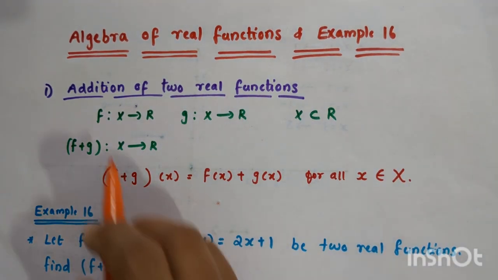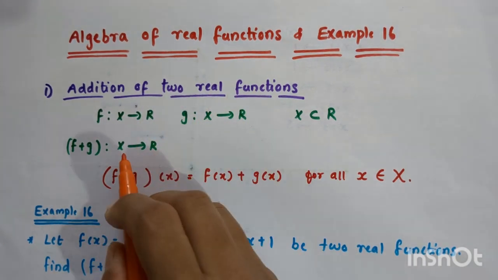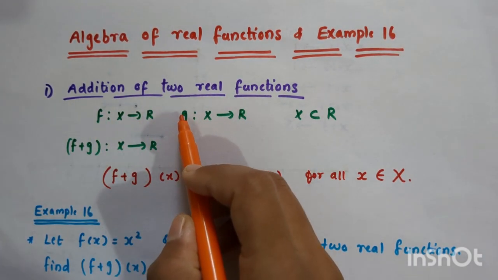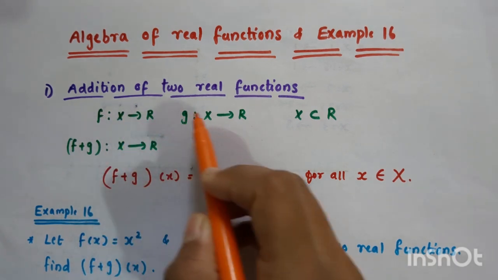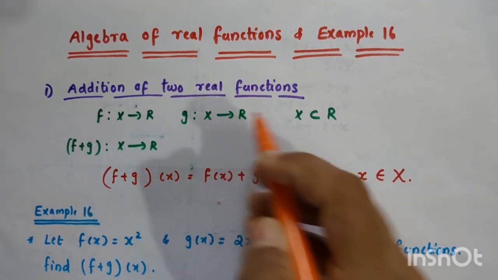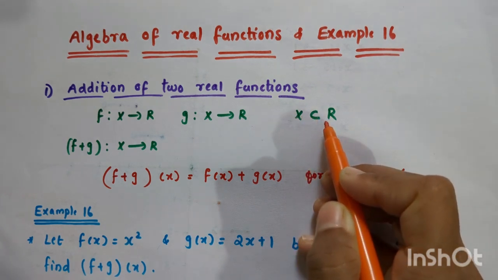So let us see what is this addition of two real functions. Suppose we have two functions f and g, where f is from X to R and g is also from X to R, and X is a subset of the real number set.